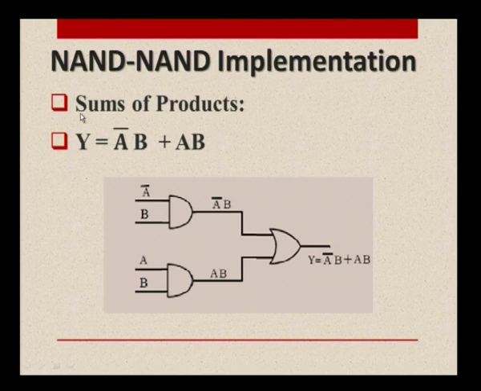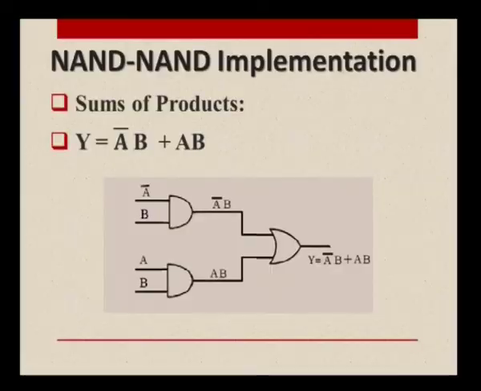When we have sum of products, it ends with a sum, so we need to use at least one sum gate. The sum gate here I mean is the OR gate. So that is what is obtained here. See, have a look at the diagram. There is one OR gate and two AND gates.